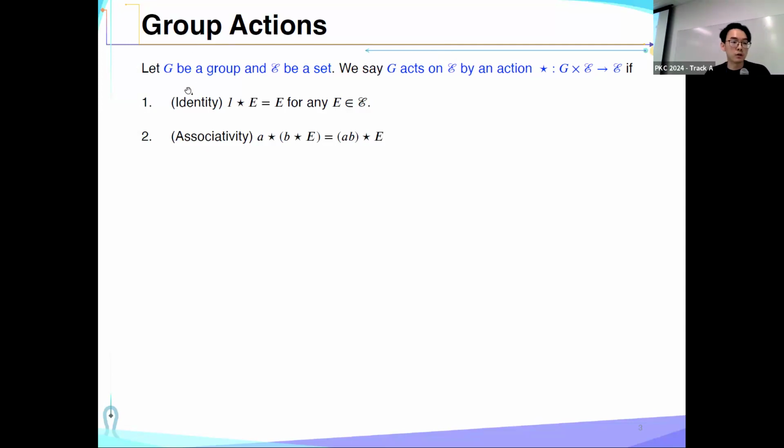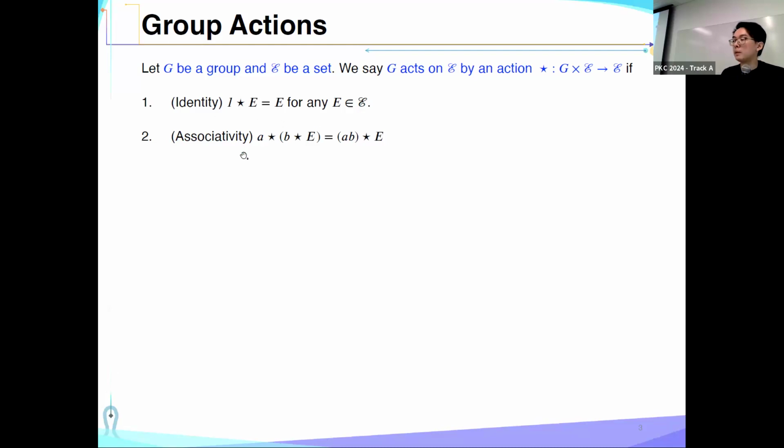Firstly, let G be a group and E be a set. We say G acts on this set by an action if it has the following two properties. The first one is identity: the identity in the group acts on any set element. For convenience in this talk, let's just call this set element a curve E. It will still be the same curve.